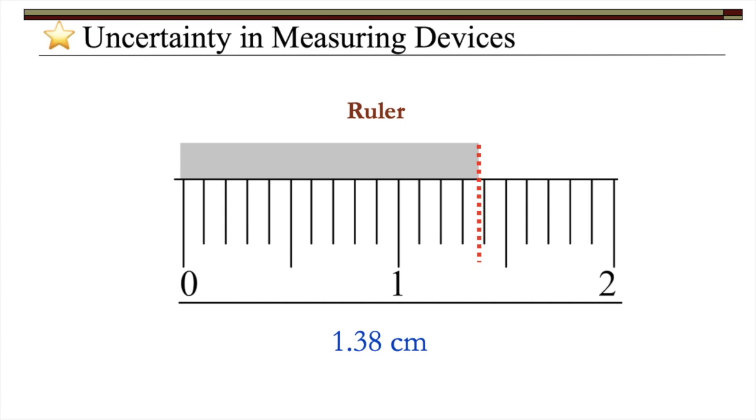That's also acceptable because that last digit, this one right here, is your uncertain or your estimated digit. So that's something that might vary from person to person, as long as it makes sense. Like in this example, it would not make sense to say this is 1.31 centimeters, because it's clearly much closer to 1.4 than it is 1.3.